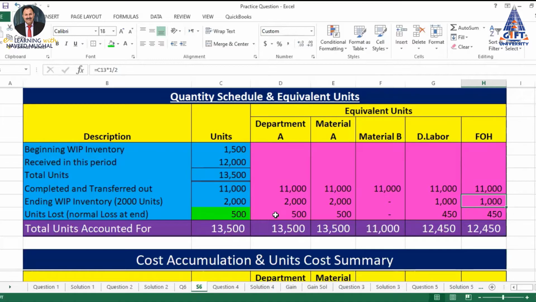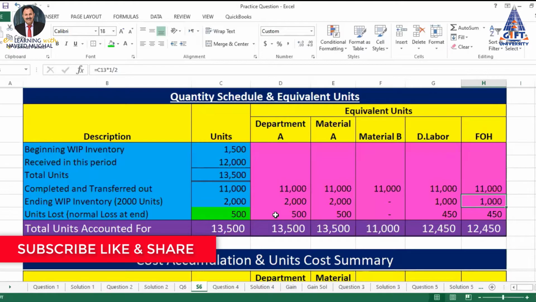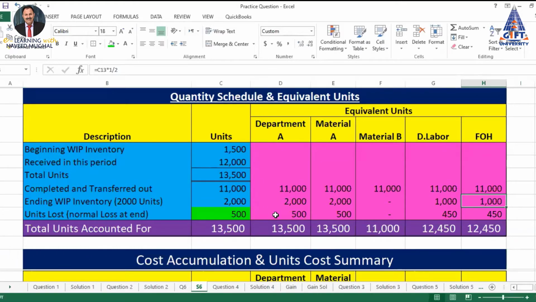If we don't separate the loss, as in our previous case, you need not include those units in equivalent units. So the point of difference is when you have to separate the loss, write these units in equivalent units. And when you have not to separate the loss, when you have to merge the loss with the good units, then you don't have to include those units in equivalent unit calculation.